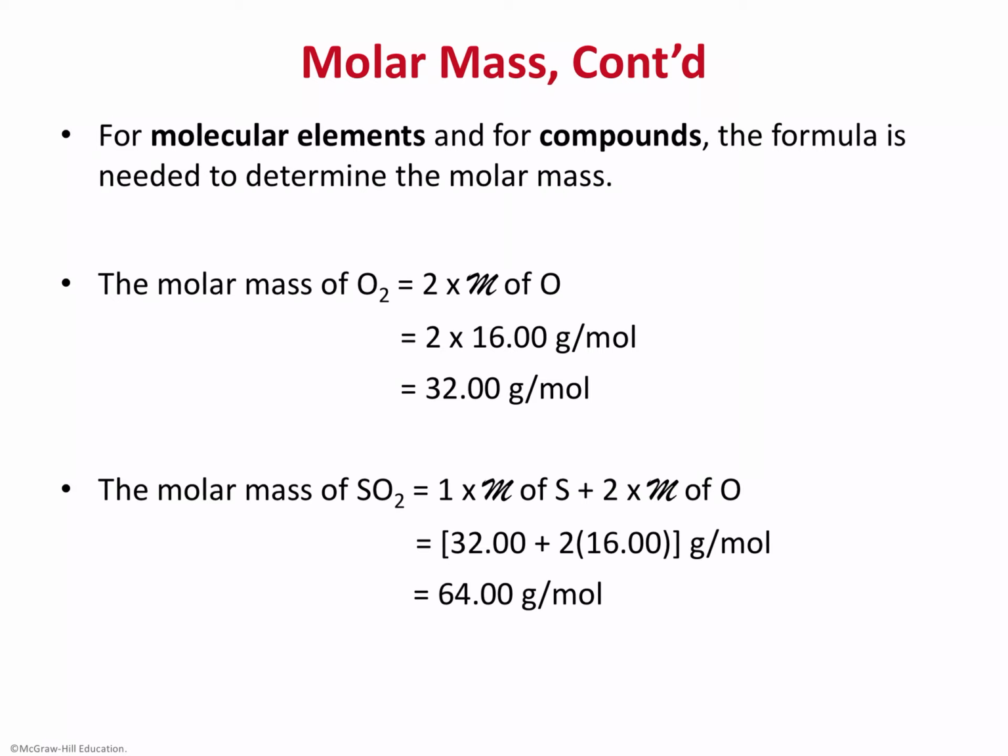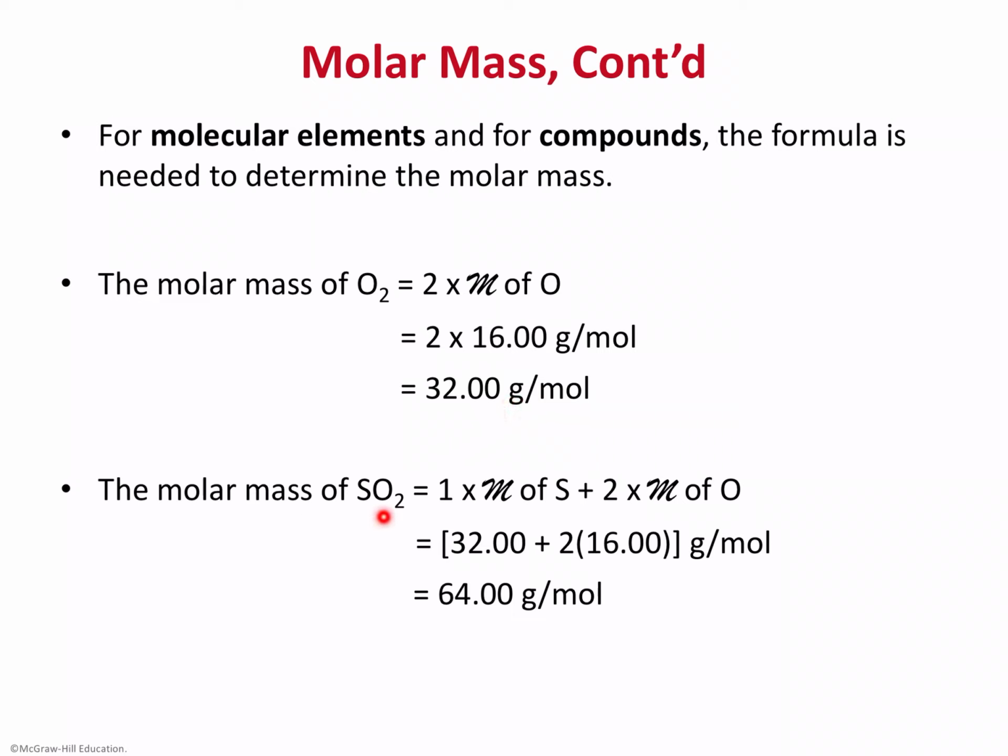And then if you have a molecular element or a compound, the formula is needed to determine the molar mass. For the molar mass of oxygen, there are 2 oxygen atoms, so 2 times the mass of 1 oxygen, 2 times 16, 32 grams per mole. You see here, the molar mass is always written as grams per mole, meaning for 1 mole, what is the mass?